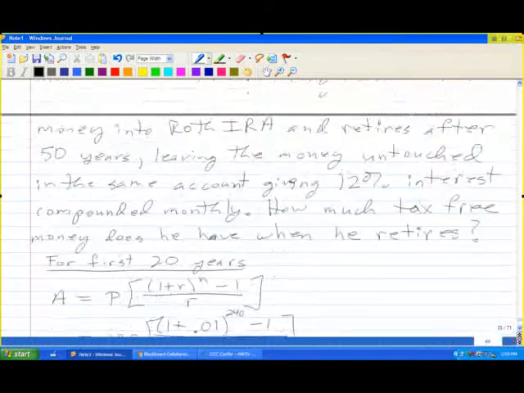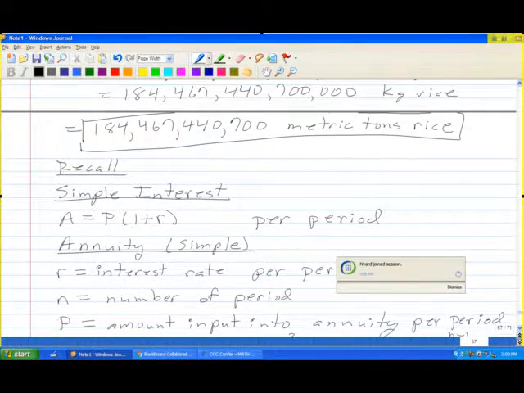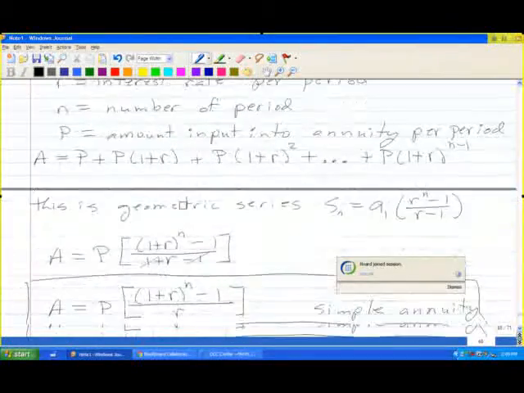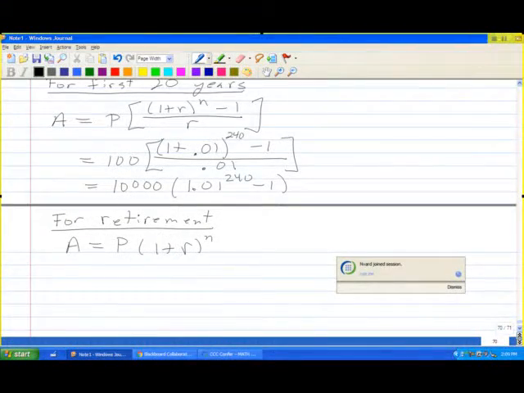I guess the other one I just wrote it for one period. But of course, per period, if it was N periods, it'd be to the N. And so let's do that.